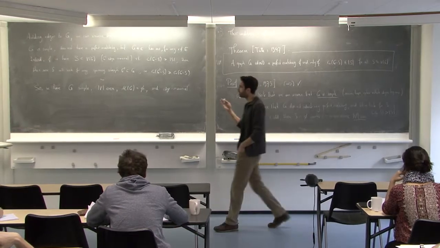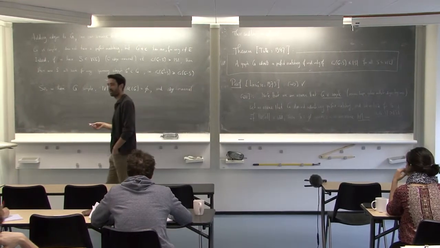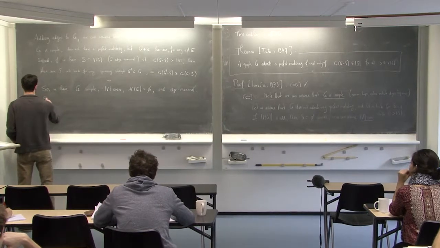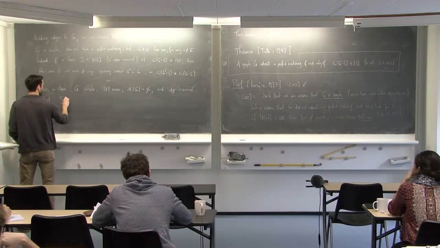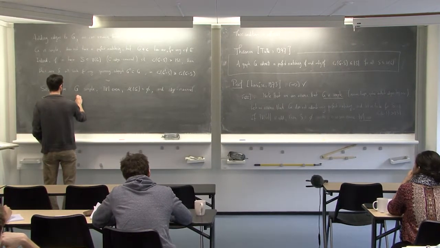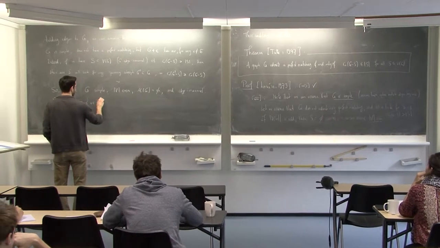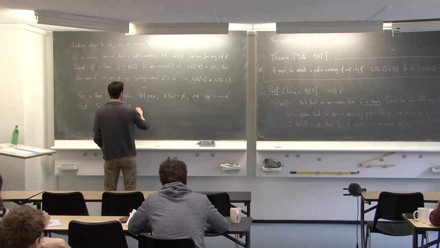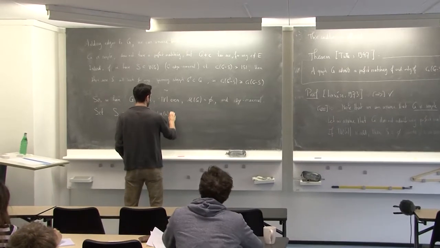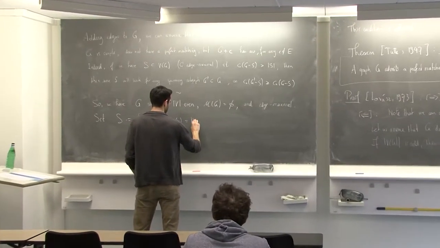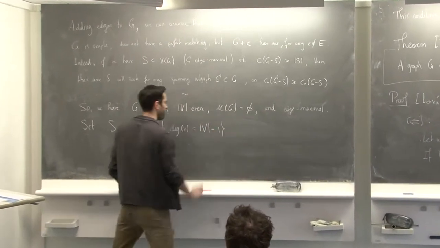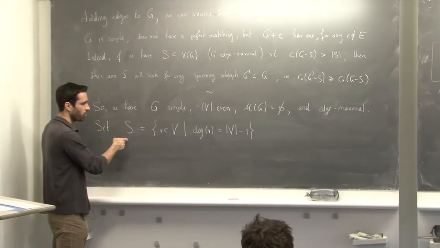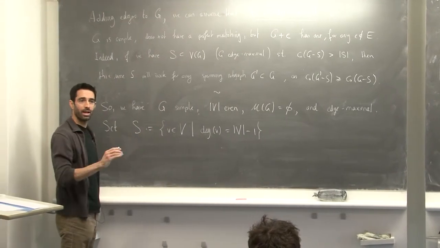And now what is really nice is that you can actually explicitly give the S. So set S to be all the vertices with degree |V| − 1. That means it's all the vertices that are linked to all the others.